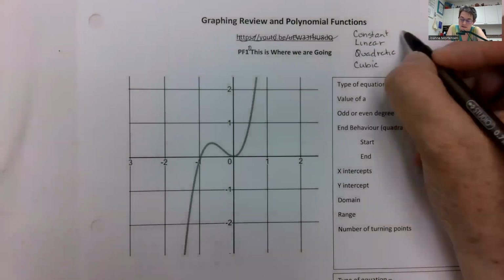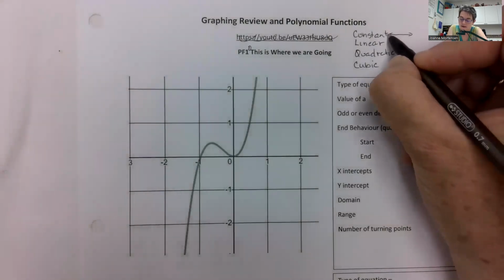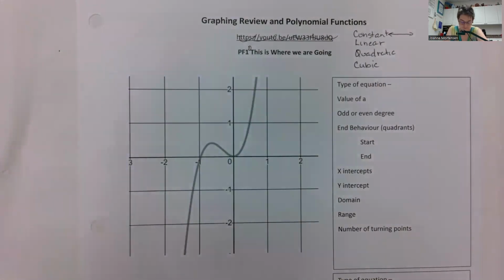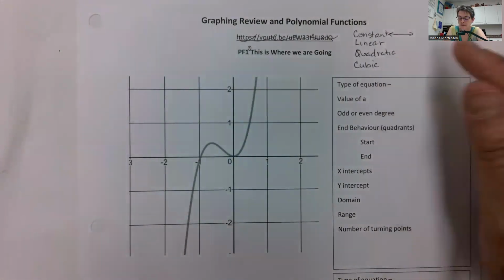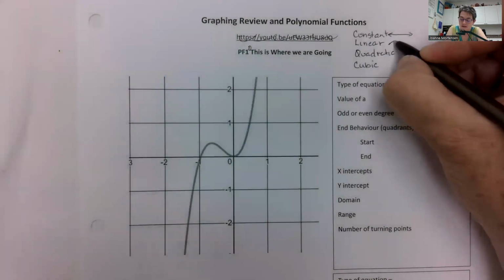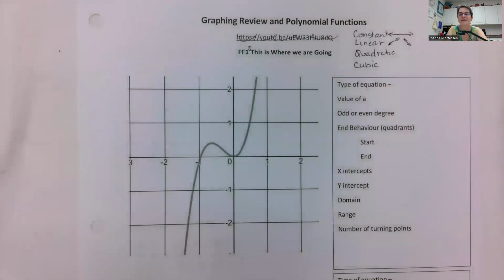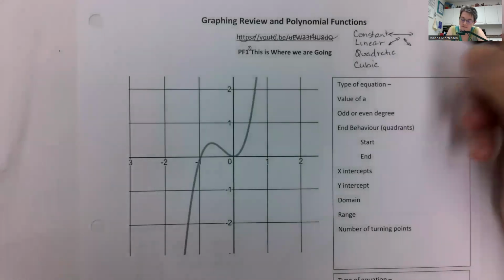Well, a constant is going to be a straight horizontal line. Nope. A linear equation is going to go straight, at an angle. It'll be a straight line that goes at an angle on your graph. Nope.